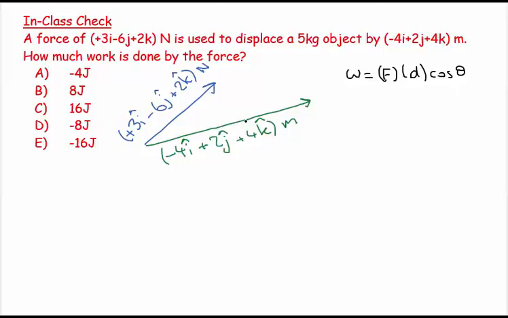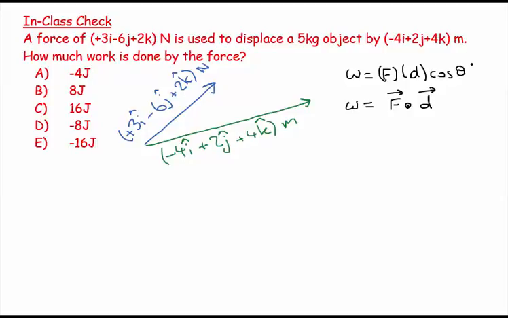I have no idea what the angle between these two is, and I don't offhand know what their magnitudes are. So what I invoke now is that work is equal to the vector force dotted with the vector displacement. These are the same thing.